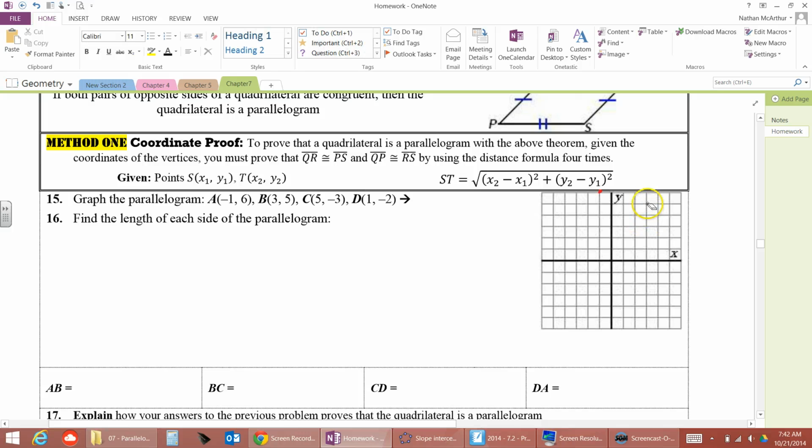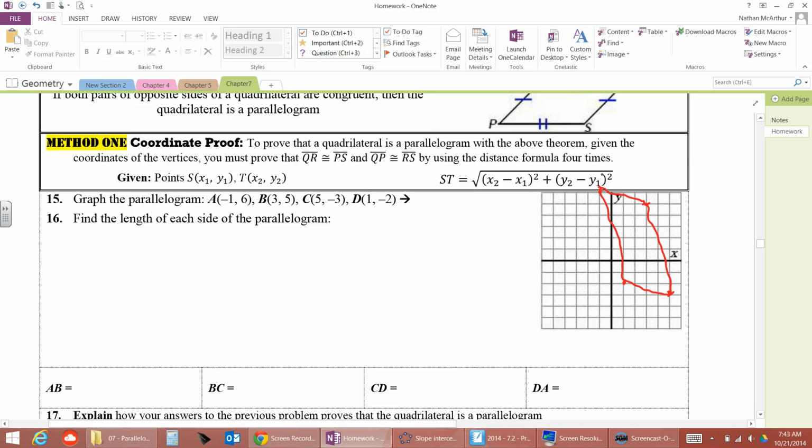This is a terrible idea. 5, -3. And 1, -2. Again, it's supposed to look like a parallelogram. So if it doesn't, then you plotted your points wrong.